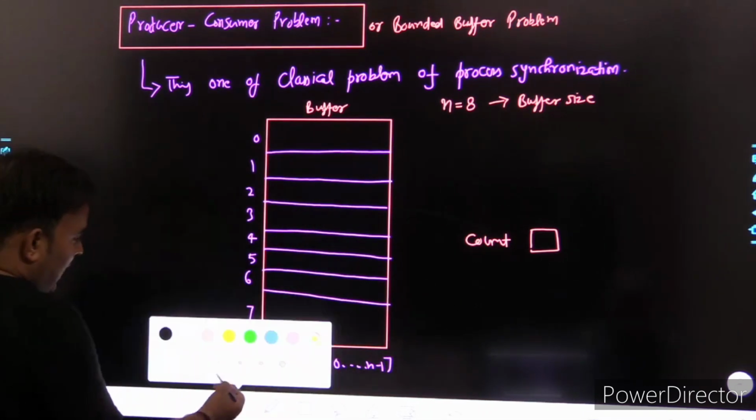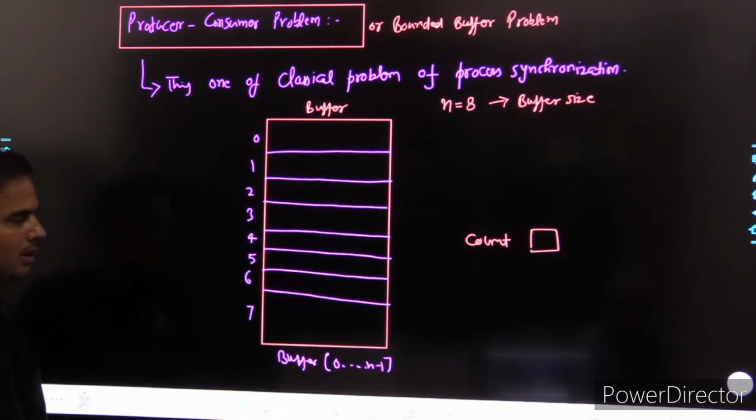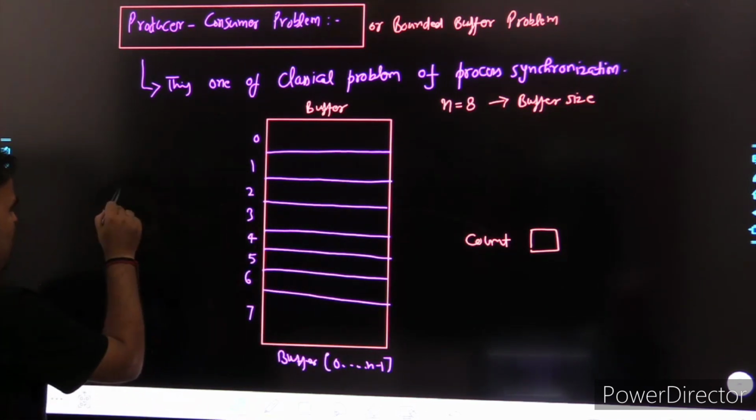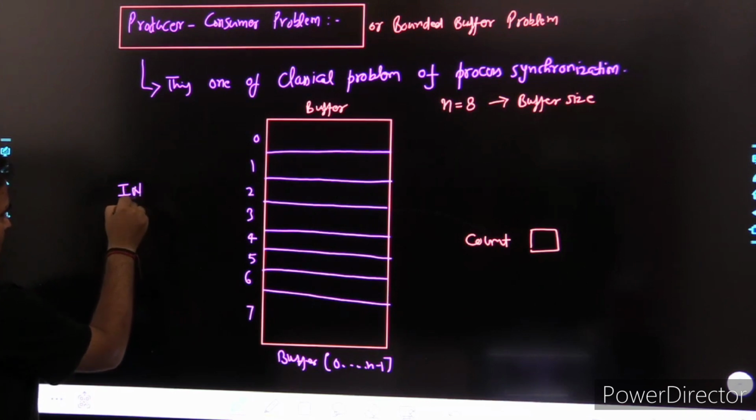As I told you, we are using 3 variables here: in, out and count. There is the in variable.